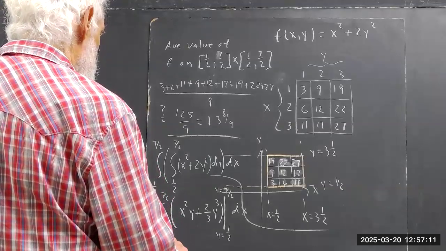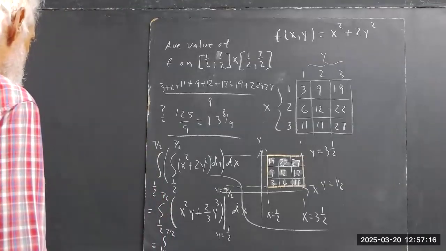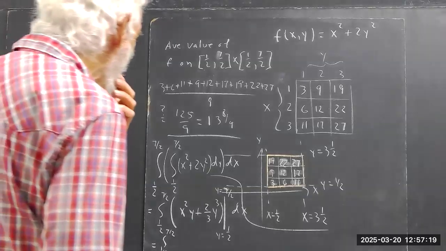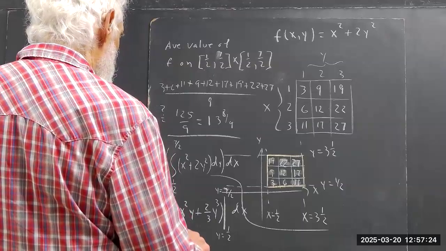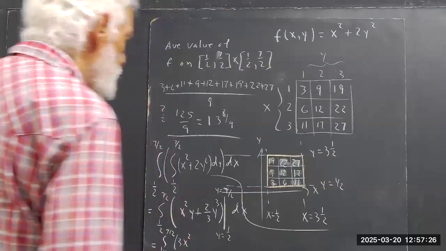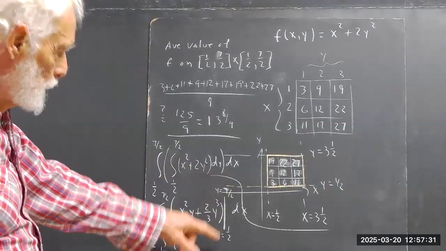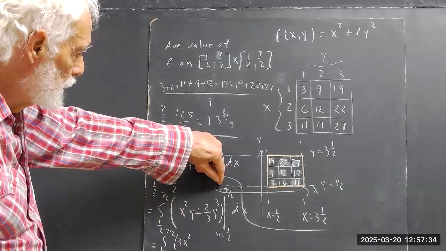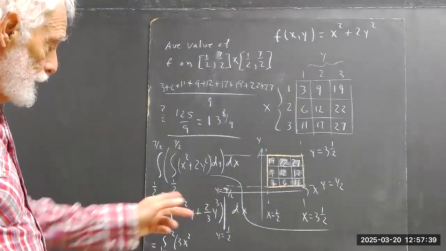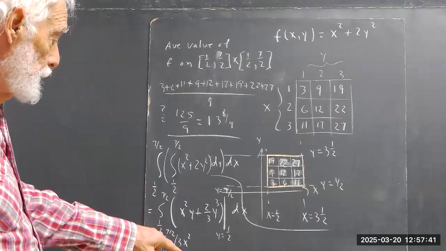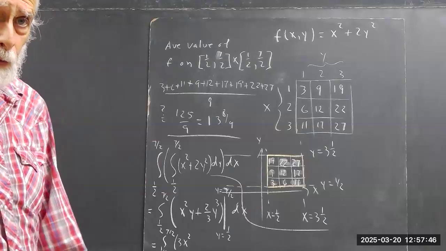If we do that, we get the integral from 1/2 to 7/2 of x squared, because we're going to substitute y equals 7/2 and y equals 1/2. We get what we get for y equals 7/2 minus what we get for y equals 1/2. And 7/2 minus 1/2 is just 3, so we're going to get 3x squared here. I'm not doing all the details, I'm just giving you the overview.